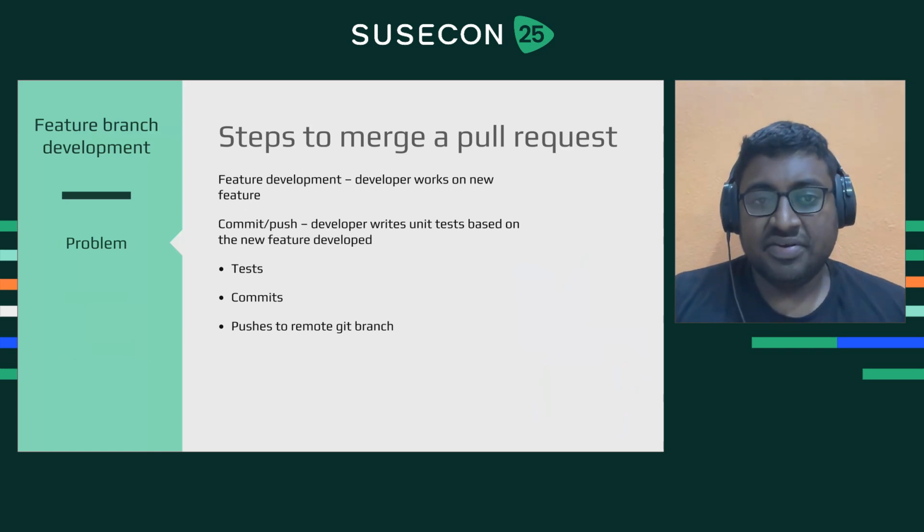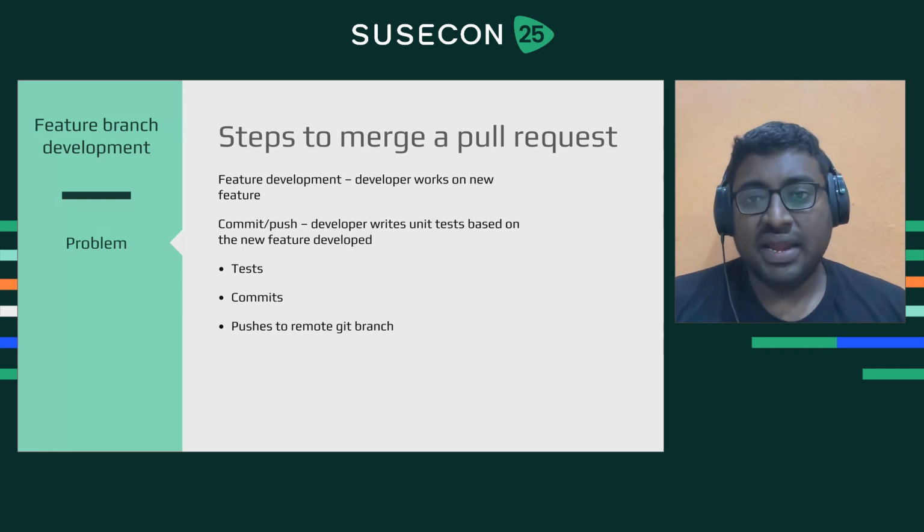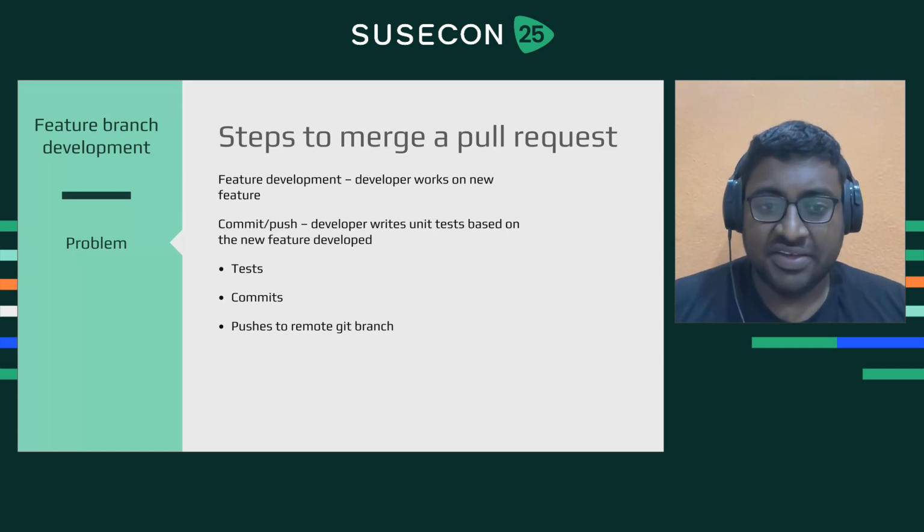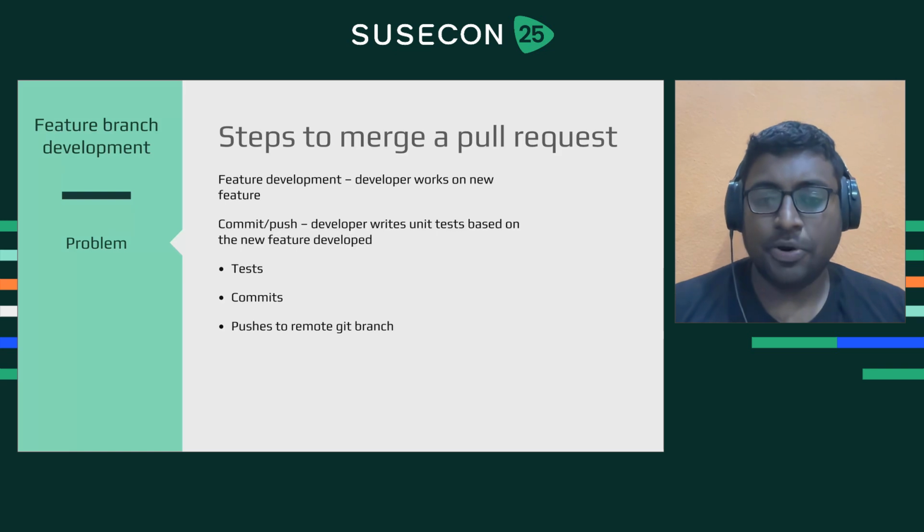So let's try to analyze the problem that we have. Say, for example, I'm working on the development of a new feature. I get the requirements, work on a design, and then work on the feature development. Once my development is done, I write some unit tests for my feature, as I usually do, commit the code, and raise a pull request or a merge request.